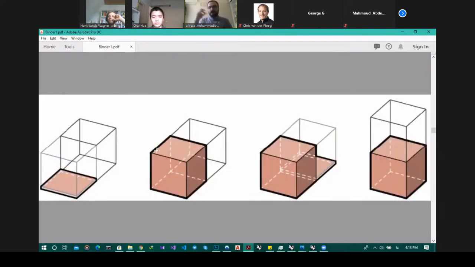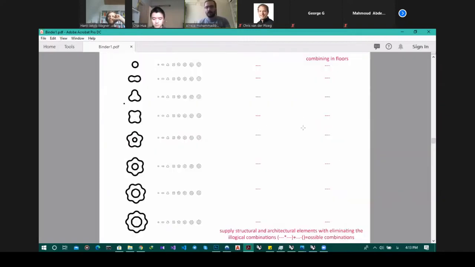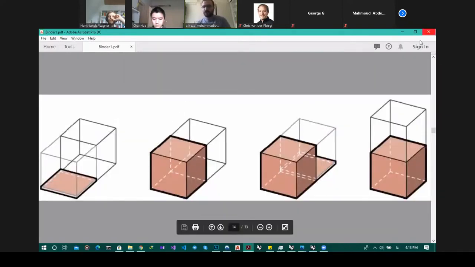As we see here, we will have structural and architectural elements such as slabs and solid cells. And as you see here, we can see some combinations that wouldn't be logical, so these permutations would be deleted and eliminated in the process of coding.